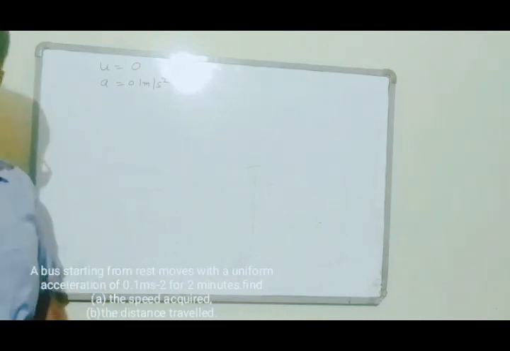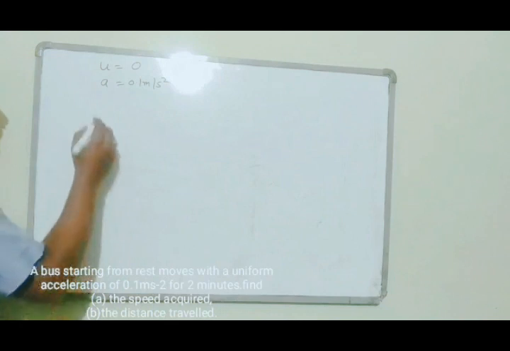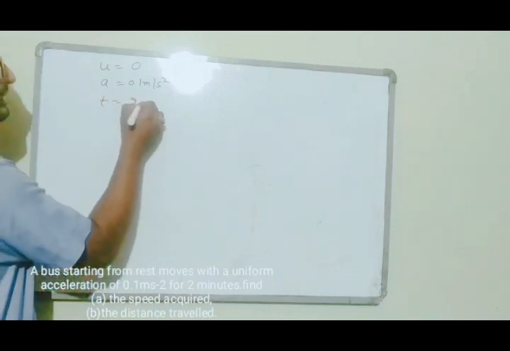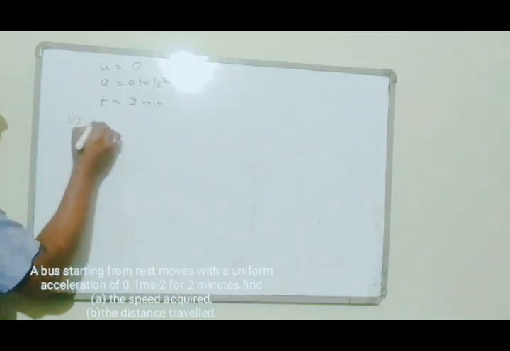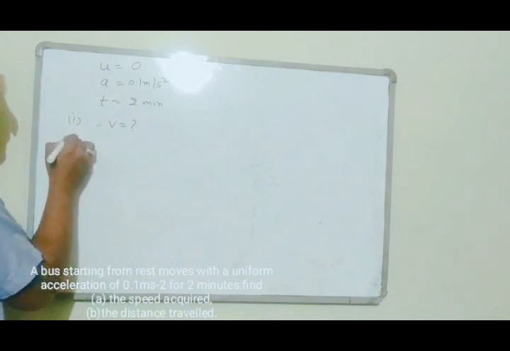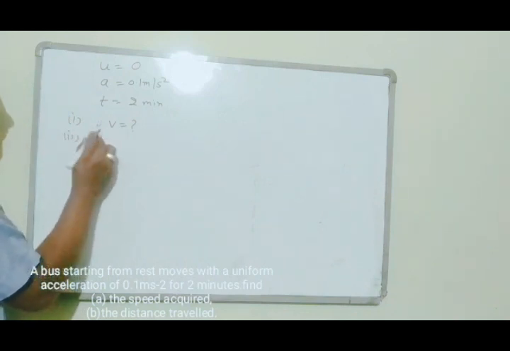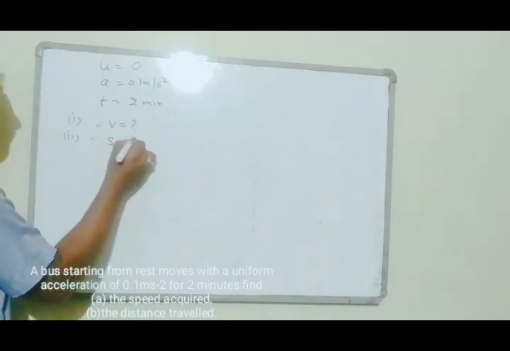We have to find the speed acquired and the distance traveled. Firstly, the speed acquired means the final velocity V, and second, the displacement S.